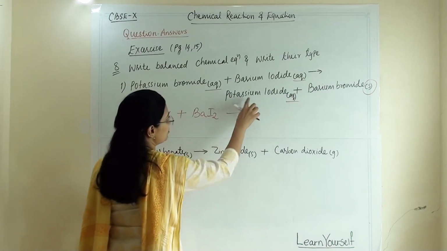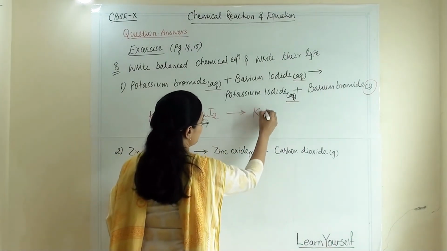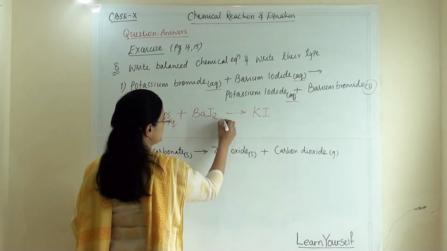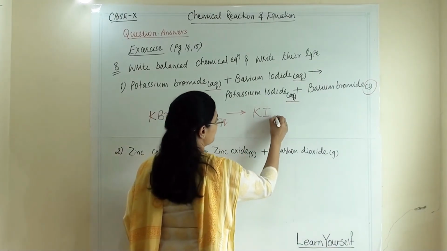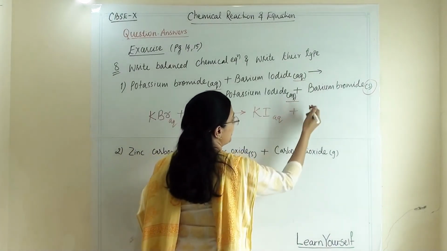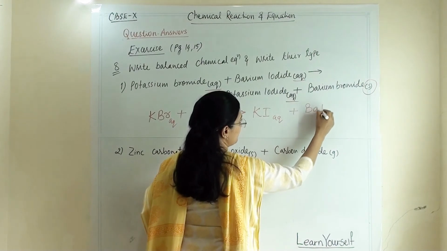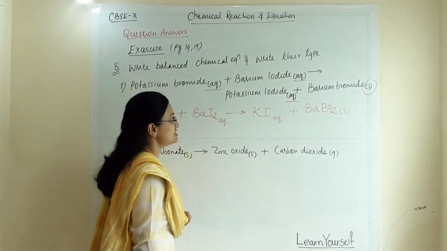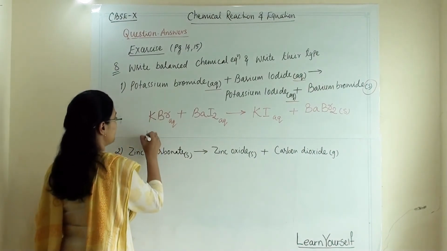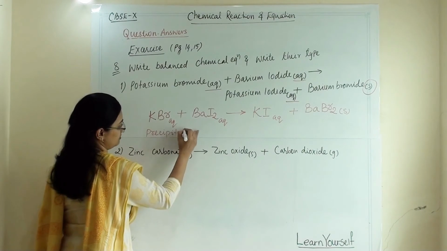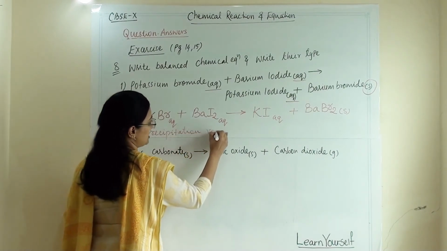It will give us potassium iodide, KI, here it is aqueous, here it is aqueous, here also it is aqueous, and plus barium bromide, BaBr2, and it is solid. So this reaction type is precipitation reaction.